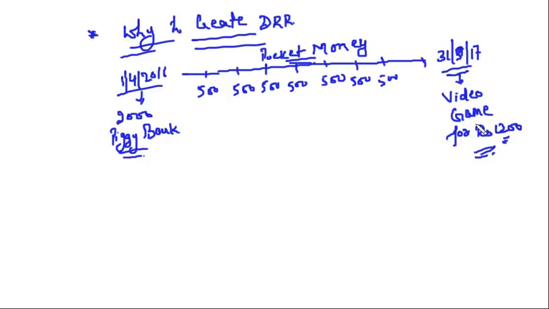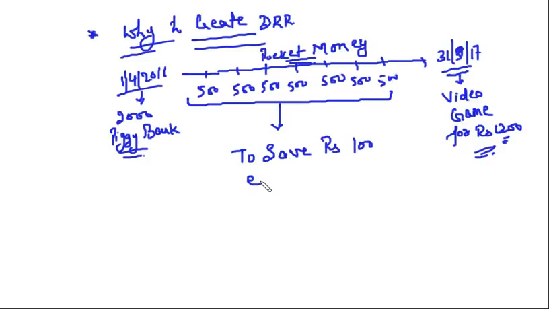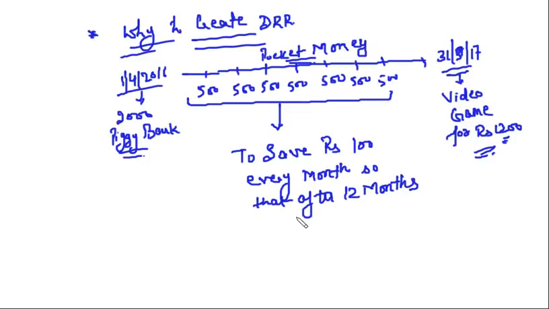Your first effort will be to save rupees 100 every month so that after 12 months you have 1200 rupees.